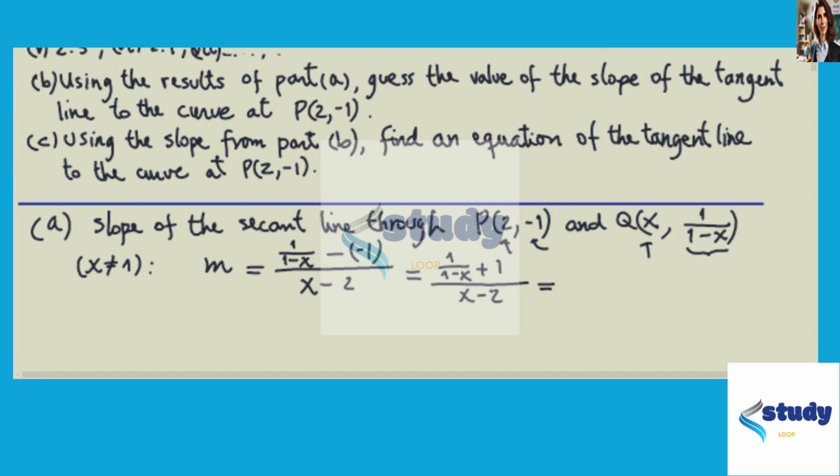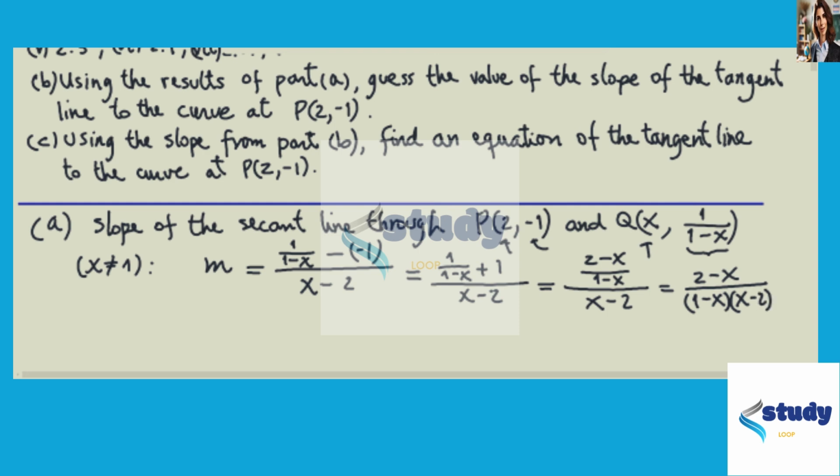And in fact, this is equal to 1 minus x as denominator in the numerator, and in the numerator we get 1 plus 1 minus x, which is 2 minus x. In the denominator of the big fraction, we get x minus 2. And then this is equal to 2 minus x over the product of 1 minus x times x minus 2.